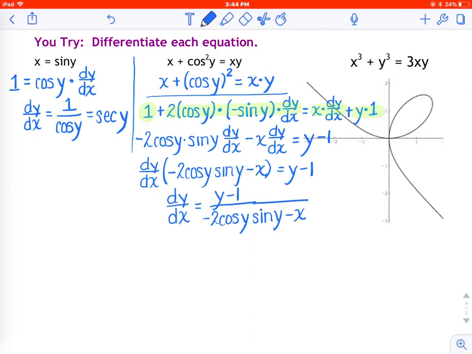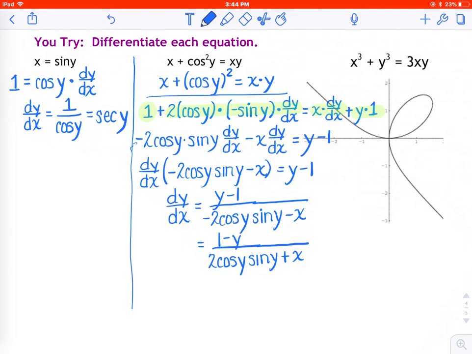Depending on which side you moved everything to, you might have ended up instead with 1 minus y all over, and then you wouldn't have had the negative down in the bottom here either, 2 cosine y sine y plus x. Again, algebraically they're the same, either one is okay.